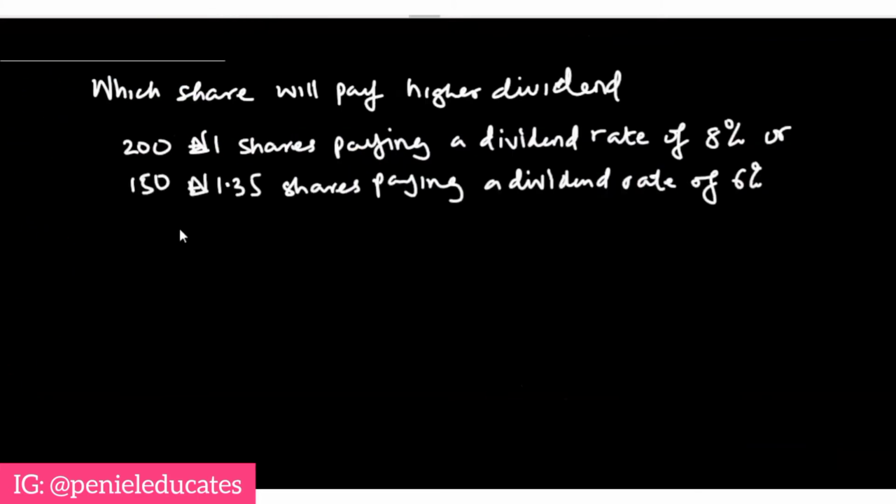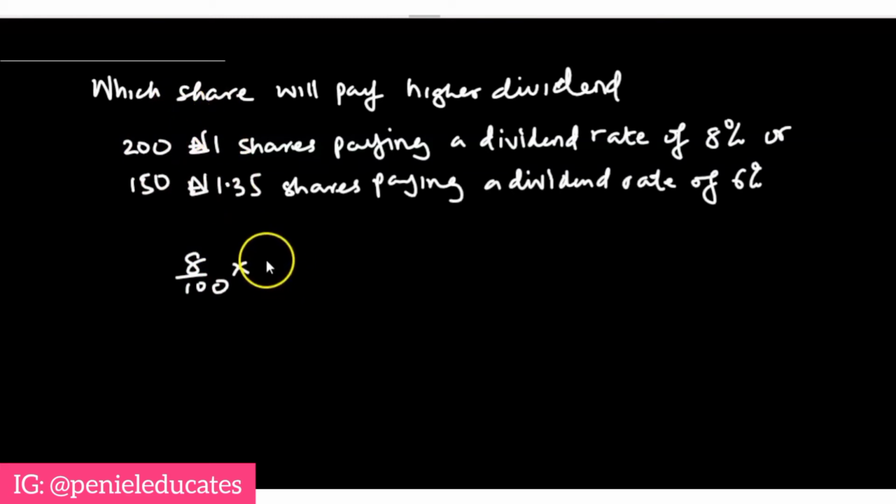All right. So if you look at this example, which shares will pay a higher dividend? 200 1 naira shares paying a dividend rate of 8%, or 150 1.5 naira shares paying a dividend rate of 6%. Let us look at it and compare. For the first one, we have 8% multiplied by 1 naira.